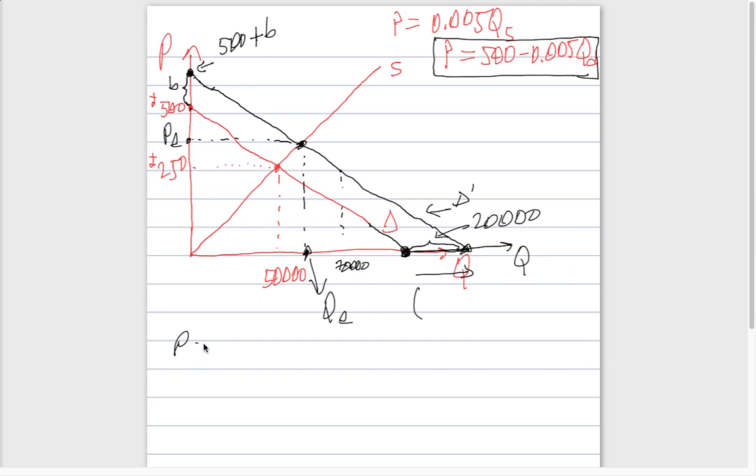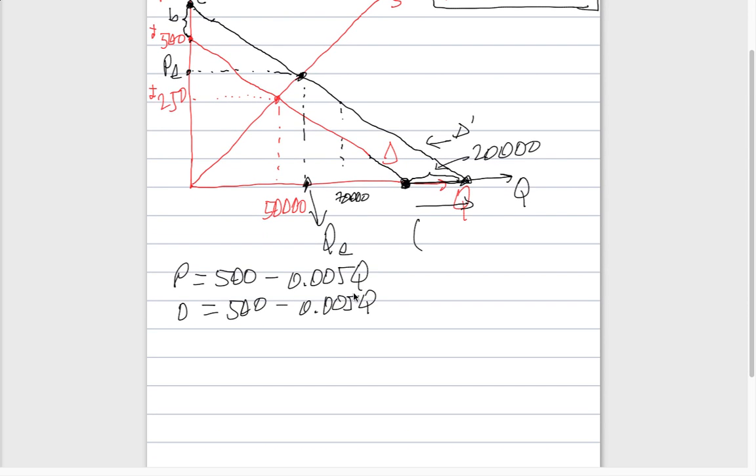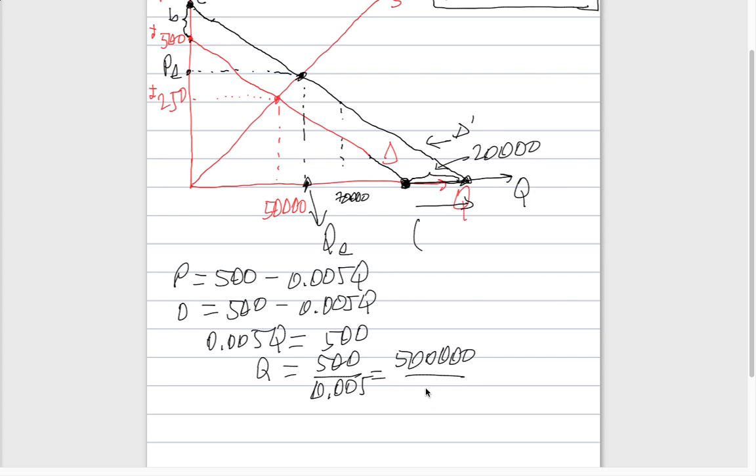We take the equation P equals 500 minus 0.005Q. Evaluating at price 0, we have 0 equals 500 minus 0.005Q. Solving, 0.005Q equals 500, so Q is 500 over 0.005, which leaves us with 500,000 over 5, which is 100,000.